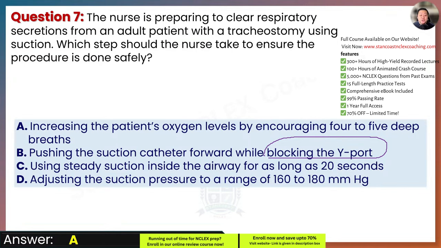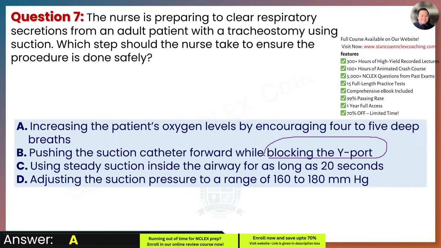Remember that suction should only be applied while withdrawing the catheter. And if the nurse does this step, if they are suctioning while inserting, this can damage the tracheal lining. This will strip away the oxygen. It will also increase the airway trauma. And so this is an unsafe practice.